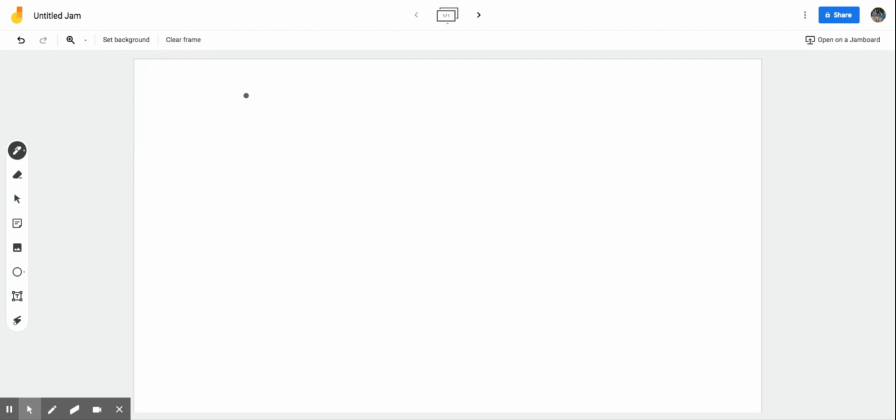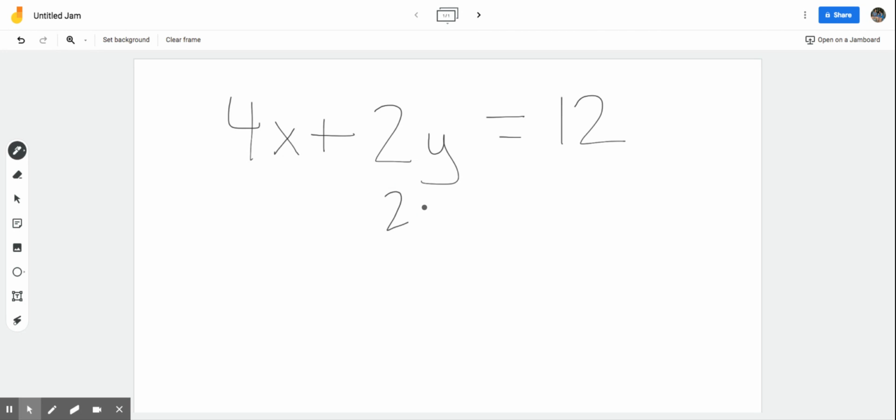Another example, so let's say that we have 4x plus 2y is equal to 12. This time we're finding our x-intercept, so we want to make y equal to 0. So that's 2 times 0. I'm going to cancel that out, and I have 4x is equal to 12.